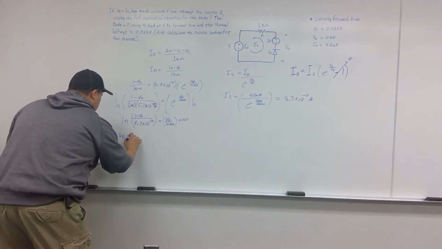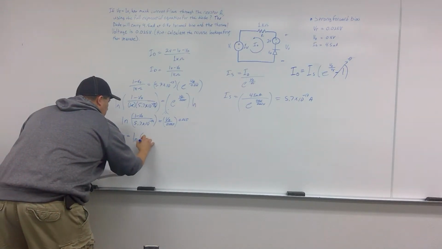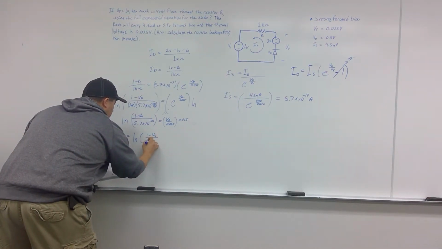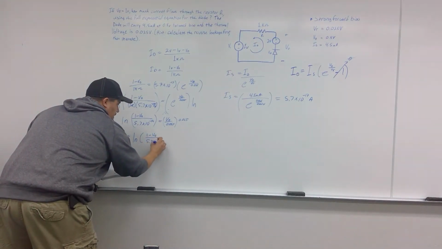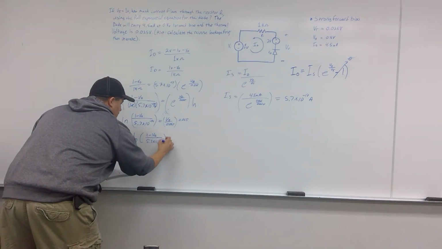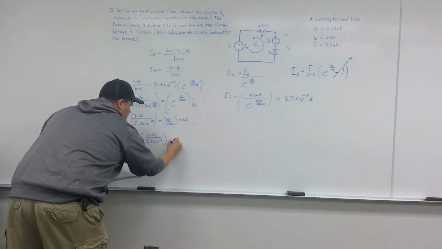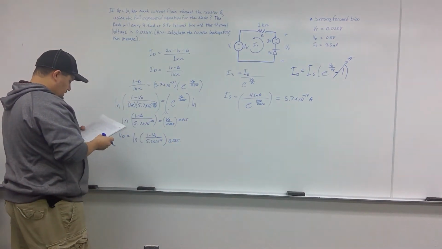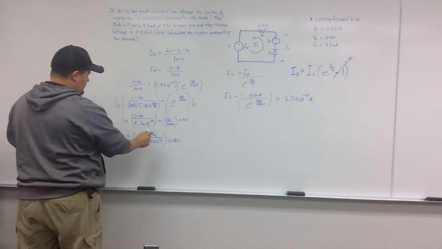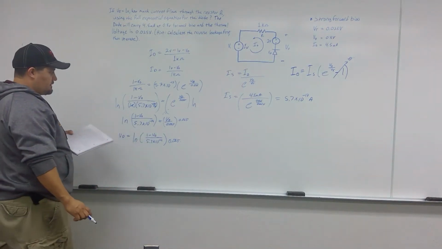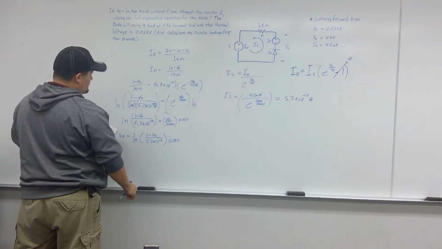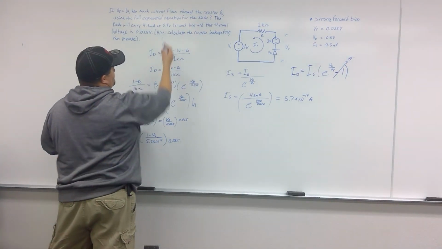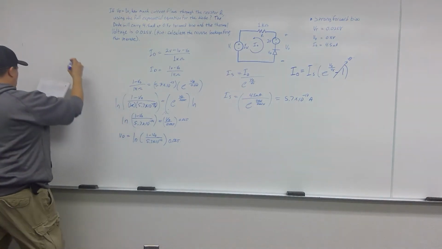VD is equal to ln of 1 minus VD over 5.7 times 10 to the negative 14, all times 0.025 volts. At this point, we can start our guessing, our iterations, and we can begin with our given 0.8.